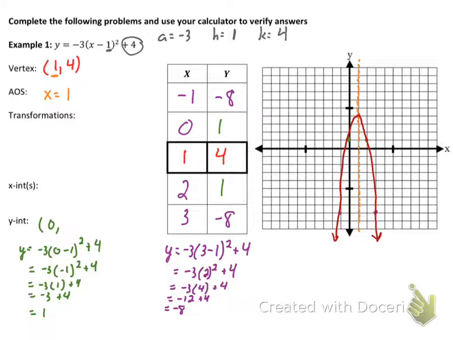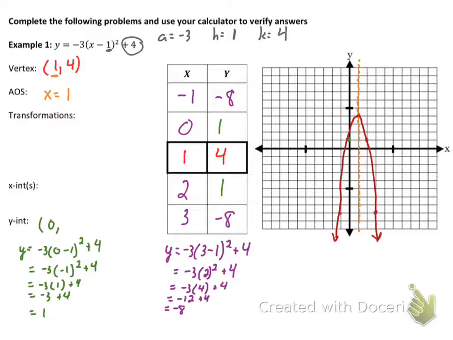Now for transformations, that's going to work the same way it did for standard form. Remember, transformations are things like reflection and vertical shift. The a value tells me whether I have a reflection and whether I have a vertical shrink, a vertical compression, or neither. The a value is -3.